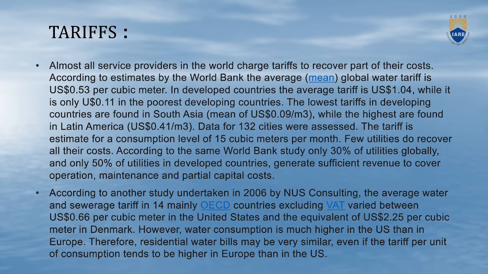However, water consumption is much higher in the US than in Europe. Therefore, residential water bills may be very similar, even if the tariff per unit of consumption tends to be higher in Europe than in the US.